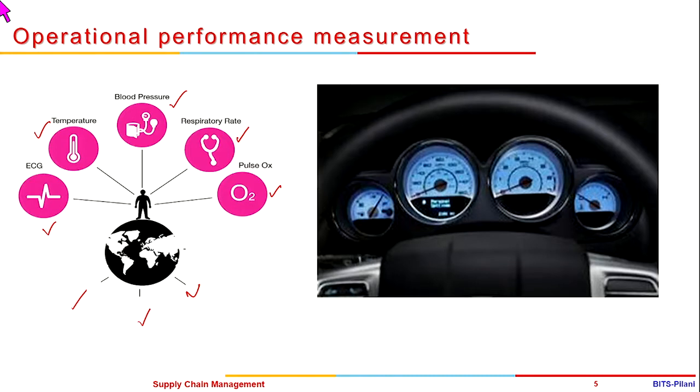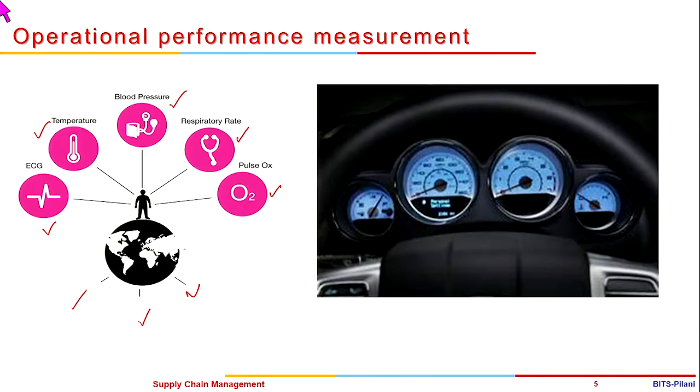Either one or more of these performances of blood pressure, temperature, ECG, respiratory rate or pulse will indicate whether something is wrong with the body. And based on that, the doctor will prescribe the medicine or the precautions that you need to take. Similarly, in the case of supply chain management also, how do we measure the supply chain performance?